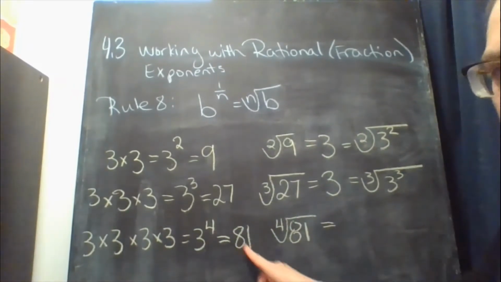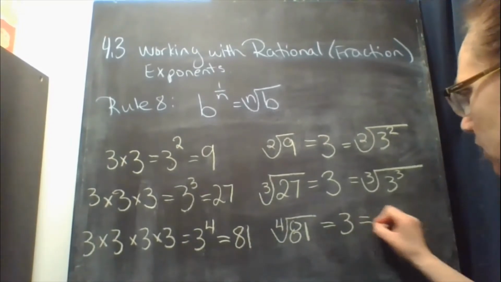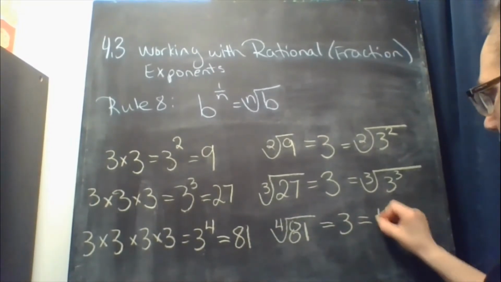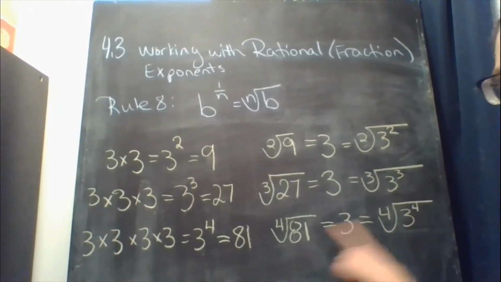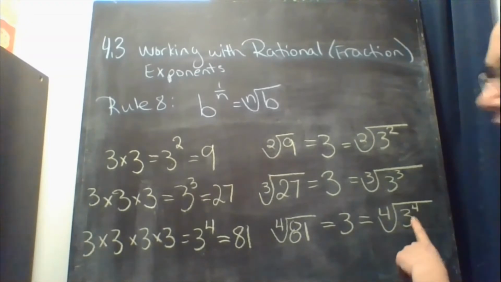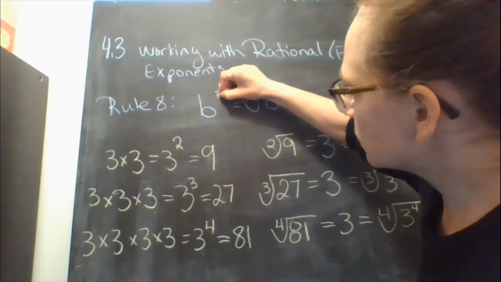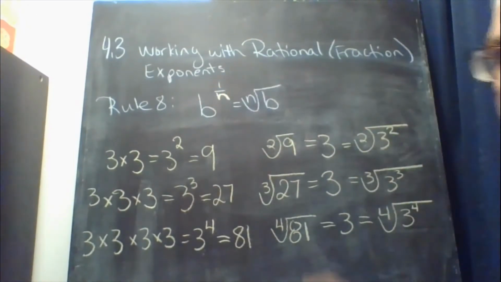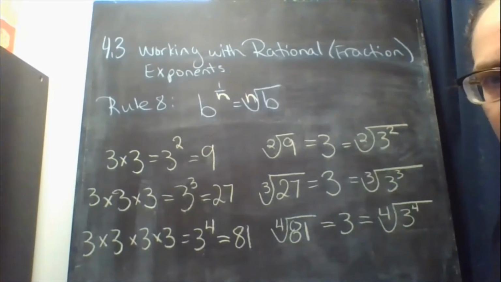The 4th root of 81 is 3. And that's because 81 is the same thing as writing 3 to the exponent 4. So here's where we get our rule. The denominator of that fraction is telling me which root I want to talk about.